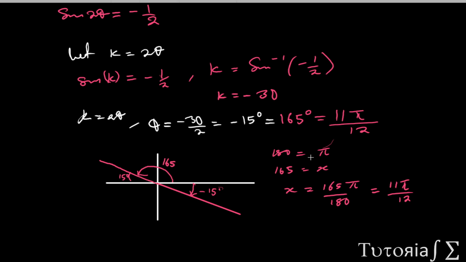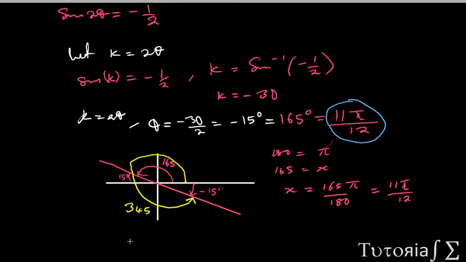Now let's find the second value of theta. We should also find it in radians. To find the second value of theta, we can use this very line. We extend from 0 degrees all the way to the other part of the line. So we'll just say 360 minus 15 degrees. That is 345.